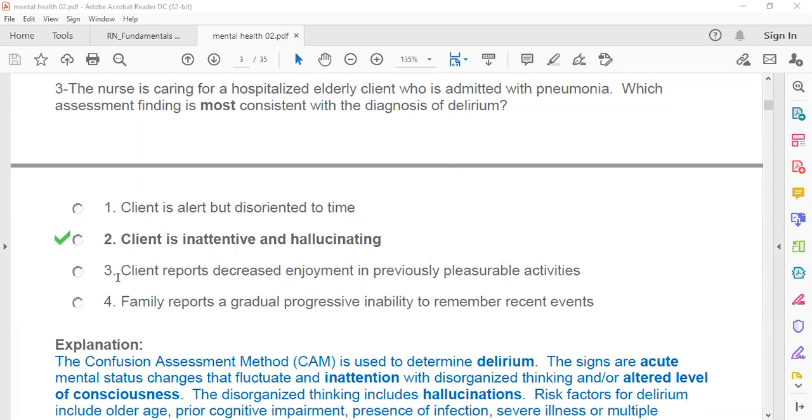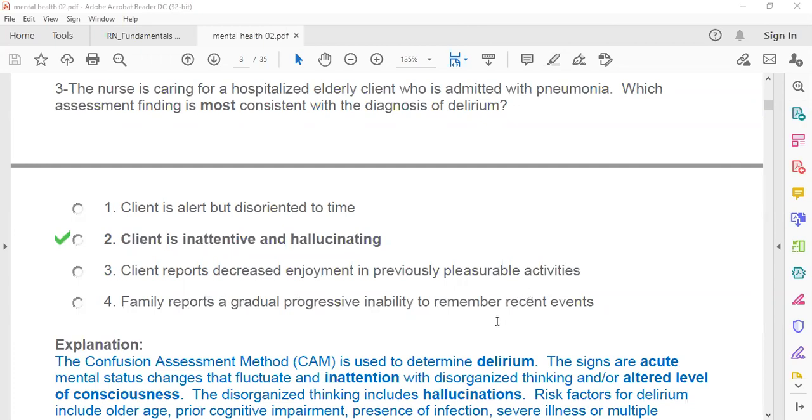Number three: the client reports decreased enjoyment in previously desirable activities. It does not make any sense. Number four: family reports a gradual, progressive inability to remember recent events.